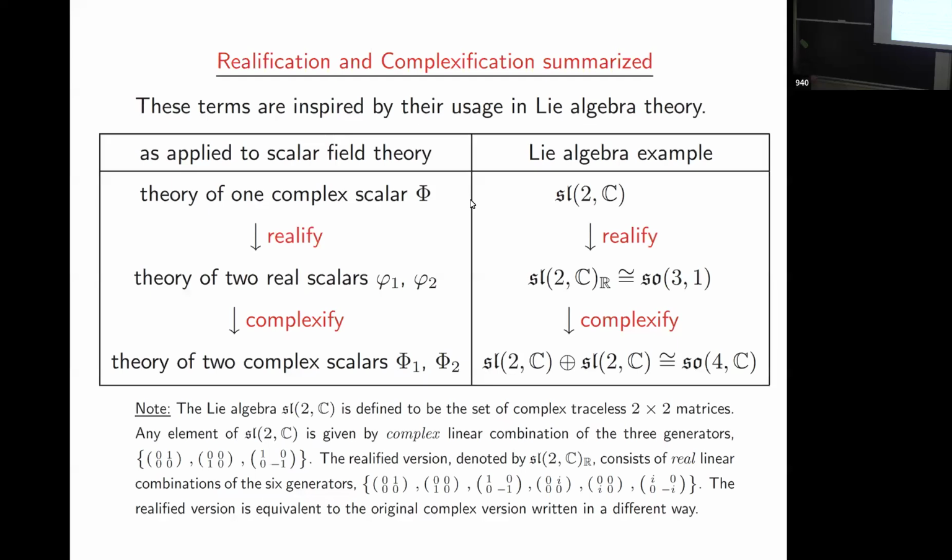We started out with a theory of 1 complex field, we realified it, and we now have 2 real scalar fields, and then we complexified it, and we have 2 complex fields. These 2 theories were exactly the same written in terms of different variables, just like these 2 were basically the same object written in a different way. Whereas this is a different object than that, in the same way this is a different object.